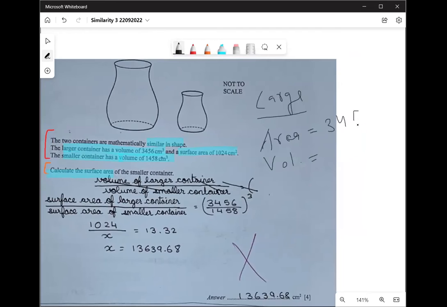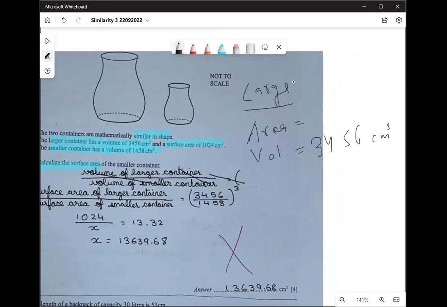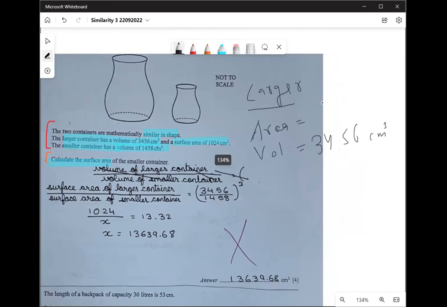The area for the larger one is how much? No, that's the volume. Volume is 3,456 cm cube. And area is how much, Zara, for the larger container? 1,024 cm square.